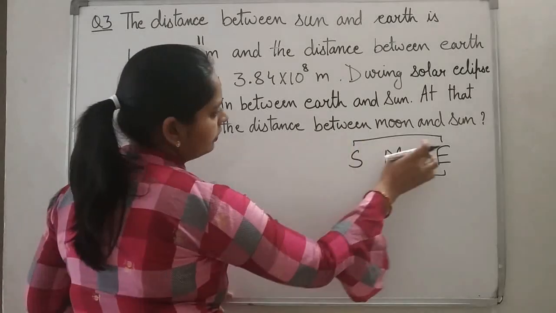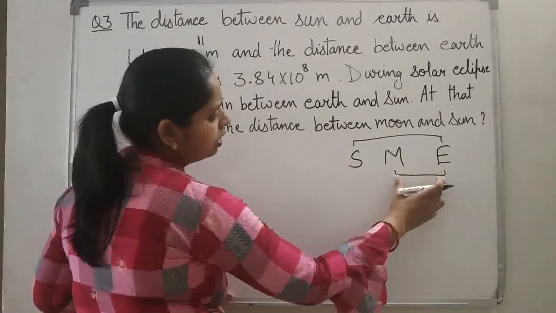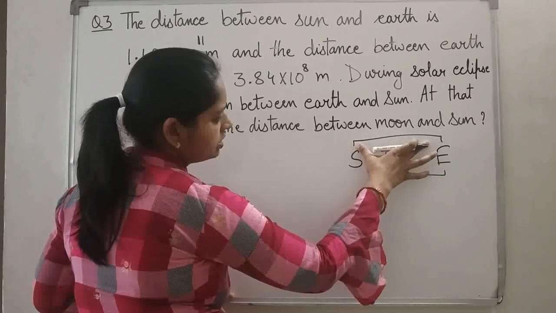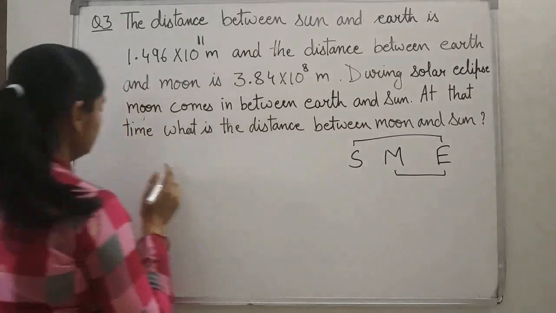So what we will do, we have the total distance between sun and earth, and we also have the distance between moon and earth. So from this, if we subtract this, then definitely we will get the distance between sun and moon. So let's do it.